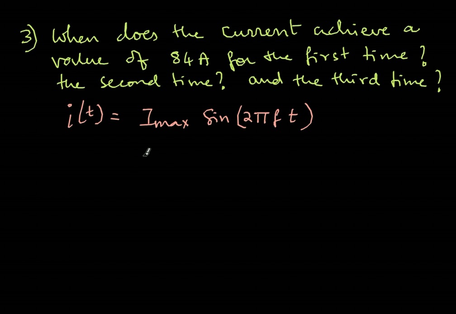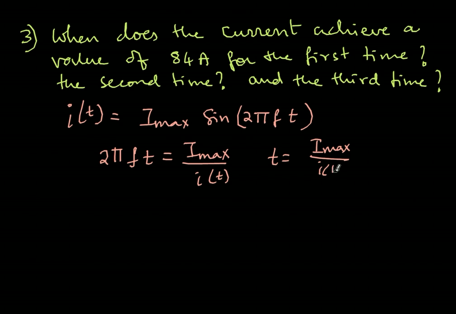So by simple rearrangement, I'll just write 2 pi f t is nothing but I max divided by I of t. And therefore t is nothing but I max by I of t, whole divided by 2 pi f.